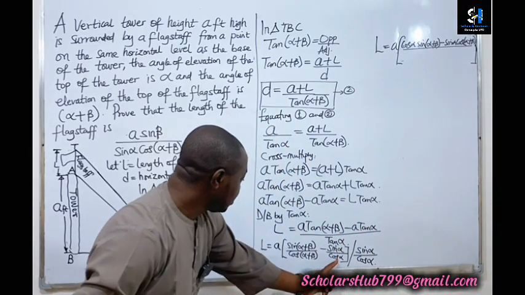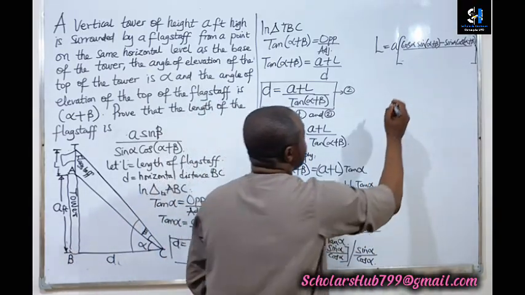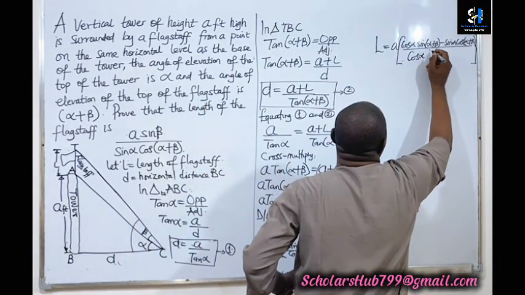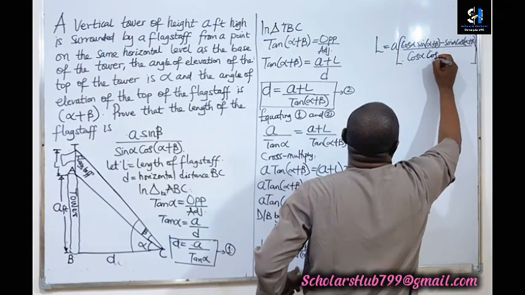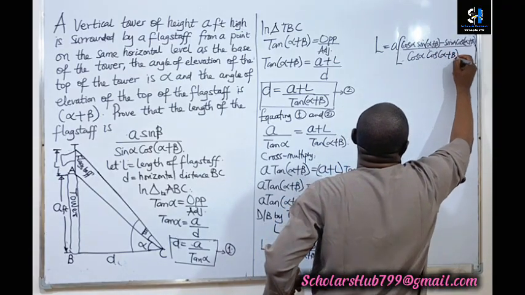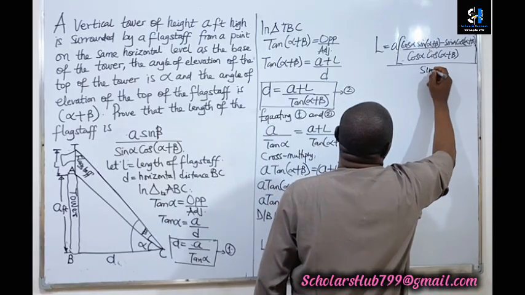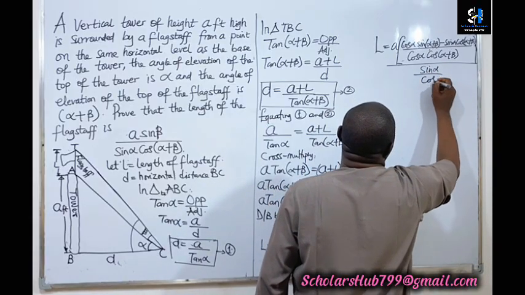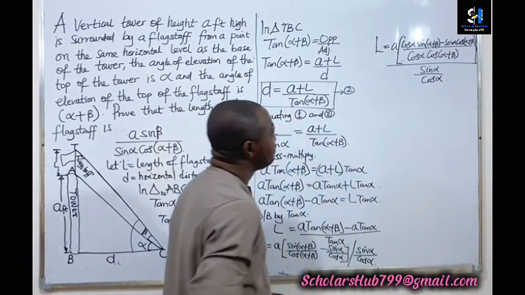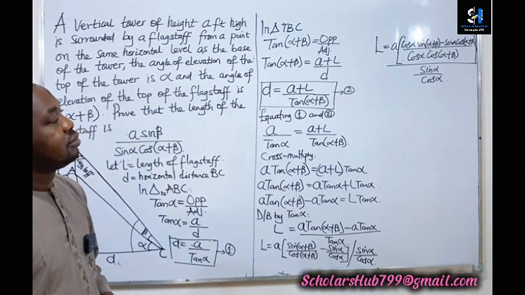I'm also going to multiply these two: cos alpha, cos alpha plus beta, all over sine alpha over cos alpha. That makes sense.